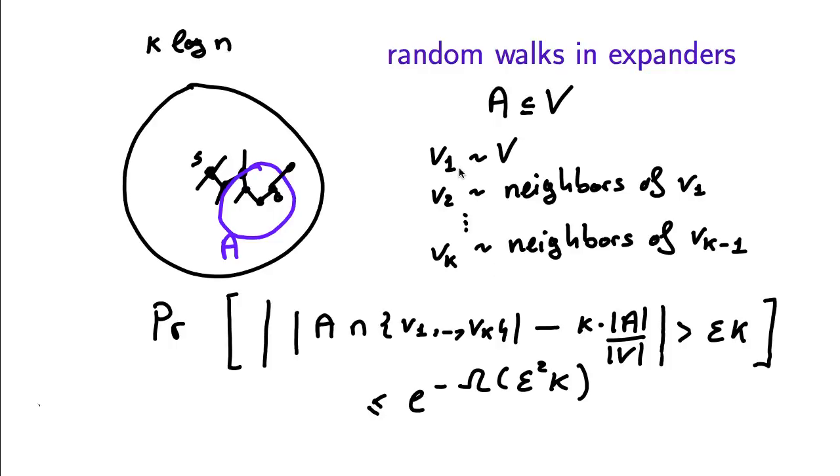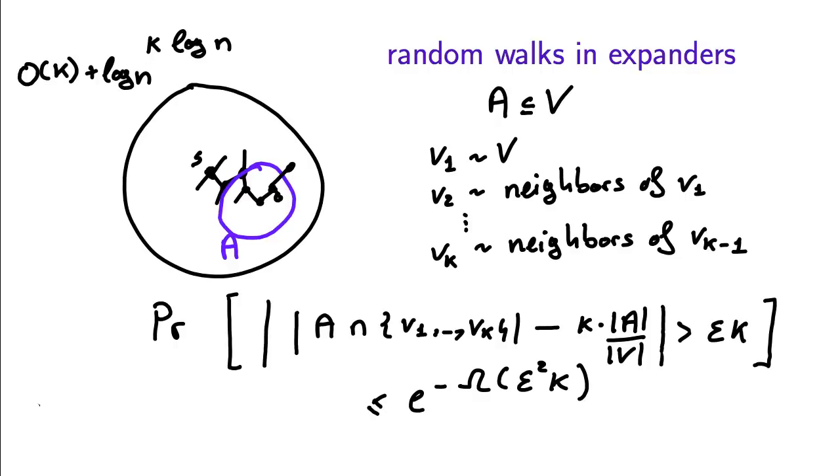But if we want to generate k elements from a set of size n through a process of this form, then we do need log n bits to generate the first element, but then for every other element we just need a constant number of bits. So the number of random bits that we need in total is only order of k plus log n. And when k and log n are approximately the same, this is log n squared versus order of log n, so this can be a fairly significant saving.